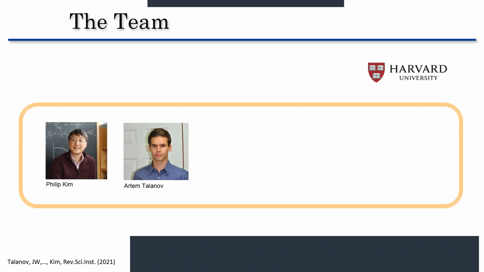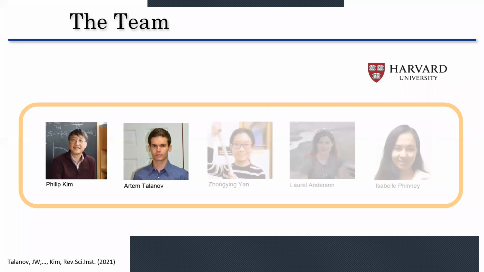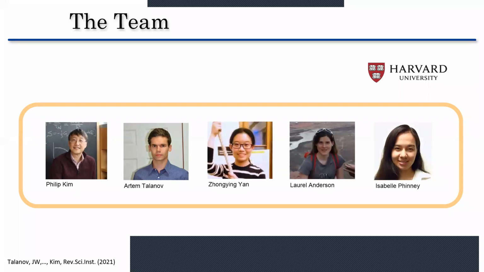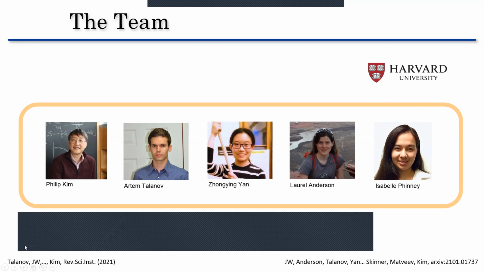We've been working many years on refining all of the technical aspects that you're going to see, and if you like that kind of thing, you can read our recent Review of Scientific Instruments article. So our thermal team is growing. We have new members, and I'll only mention some of those things glancingly. And there's an arXiv preprint where you can read a little bit more about some of the work related there.